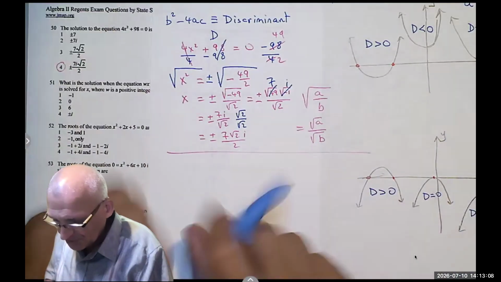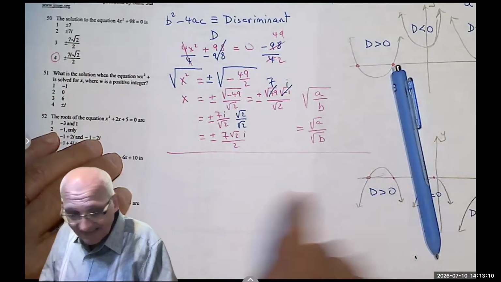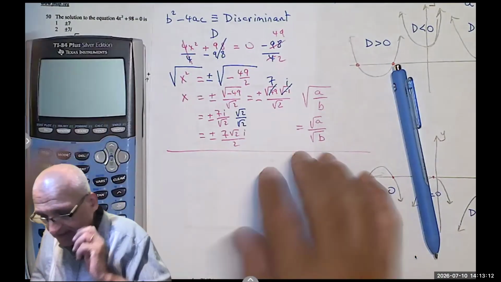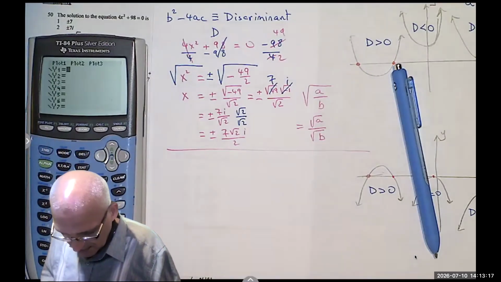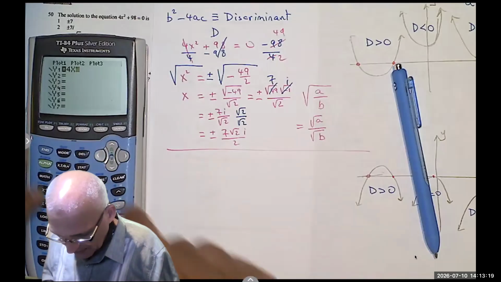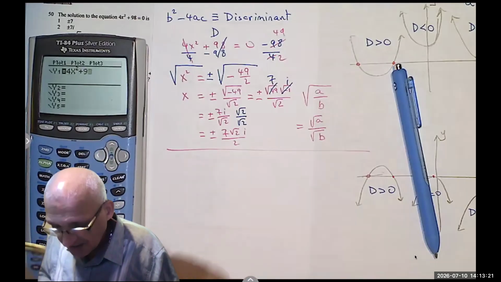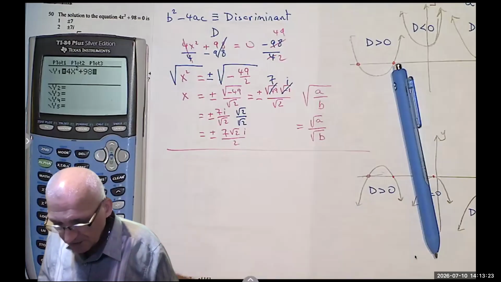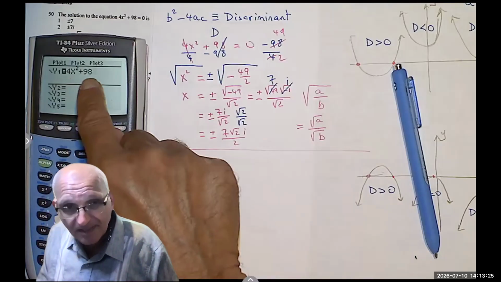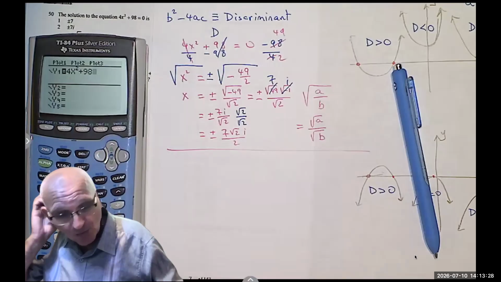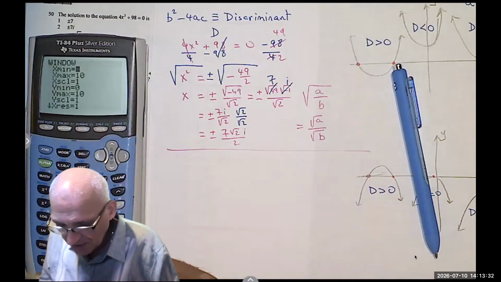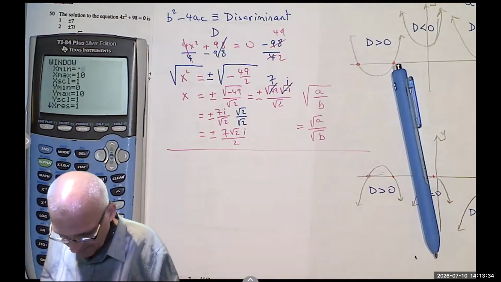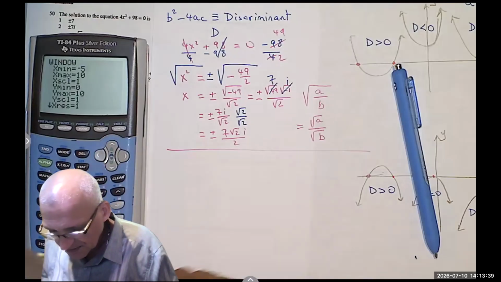Okay, let's do the next one. In fact, let's plot that and see. Let's plot 4x squared plus 98. Notice that when x is 0, y would be 98. So you have to adjust your window. I'll take maybe -5 to 10, whatever, it doesn't matter.